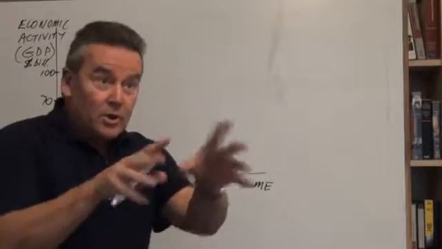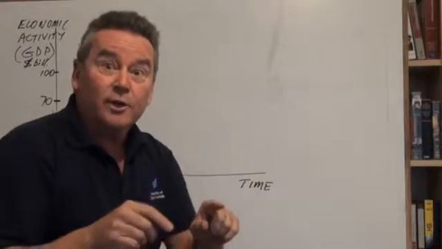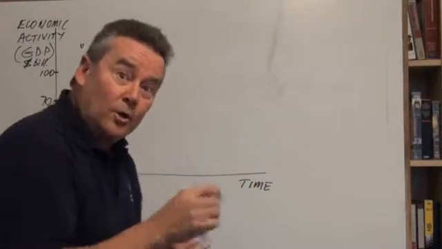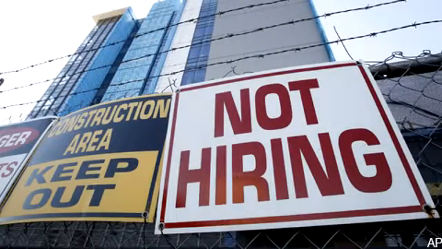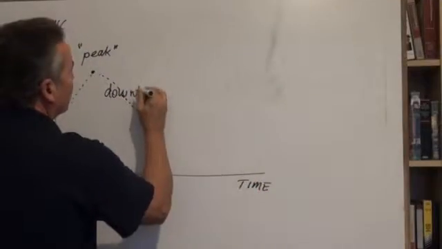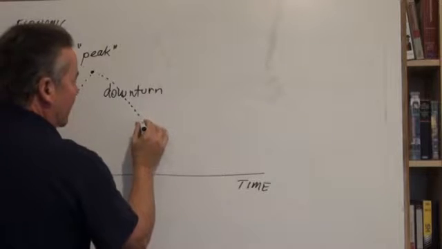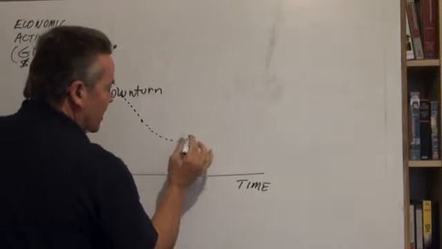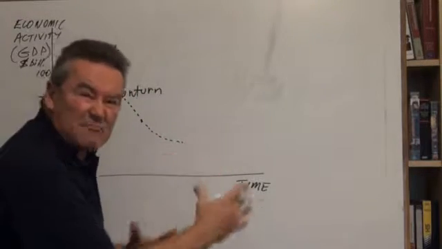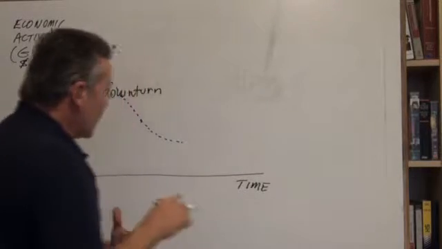And you say, well, you guys over there, I want you to take 6 weeks off and don't come back till I call you. So you start to lay people off and cut back on production. As you cut back, economic activity starts to fall. So what we can identify here is what we call a downturn in economic activity, and we're heading towards a slump or a trough.